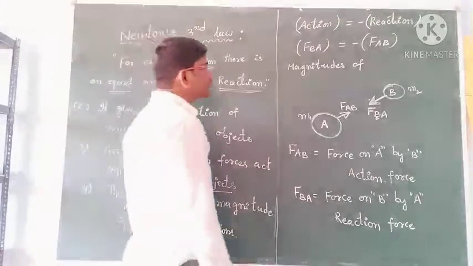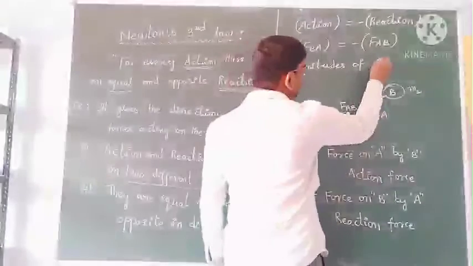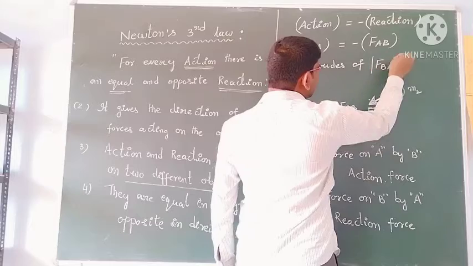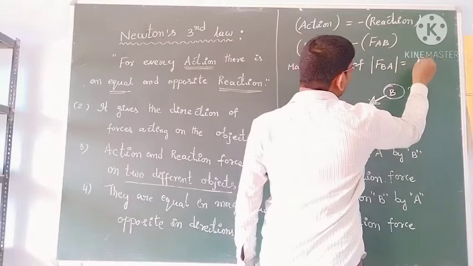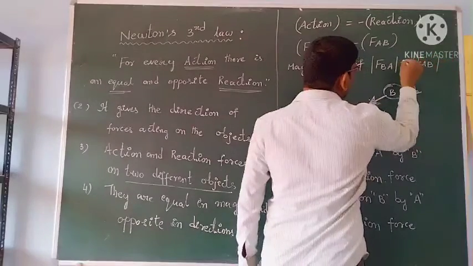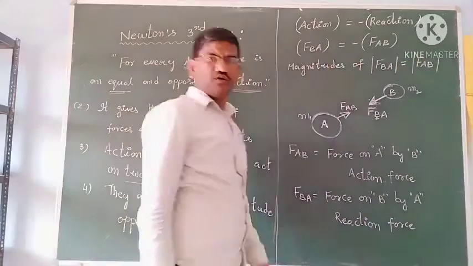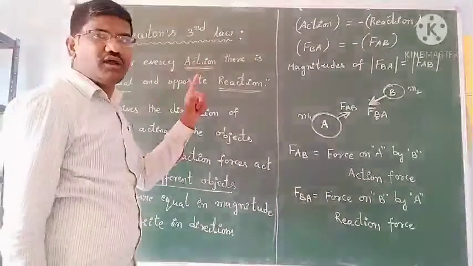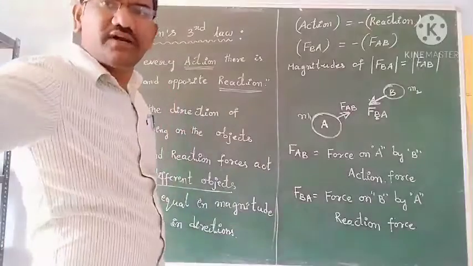Means magnitude of FBA, modulus of FBA, is equal to magnitude of FAB. So magnitudes are equal, directions are different.